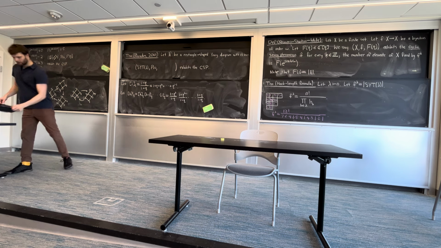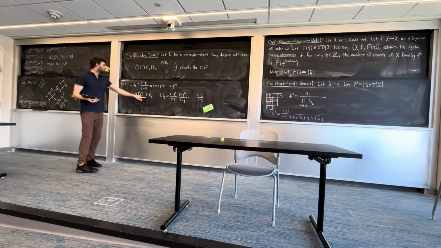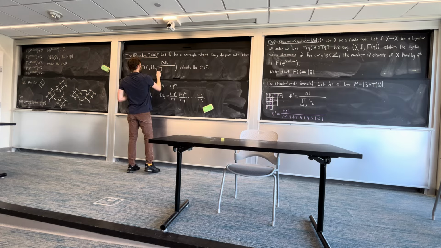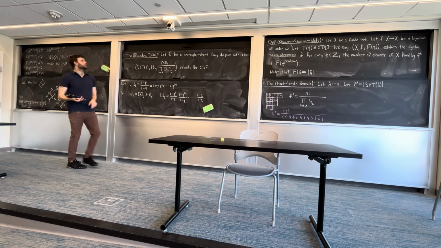So what you end up doing is you take the q analog of n factorial, which is this thing, and then you divide by the product over all of the boxes in lambda of the q analog of the hook length, which is this thing here.